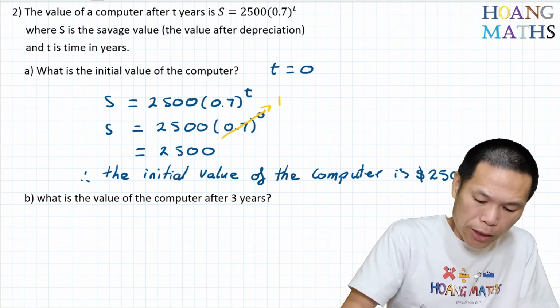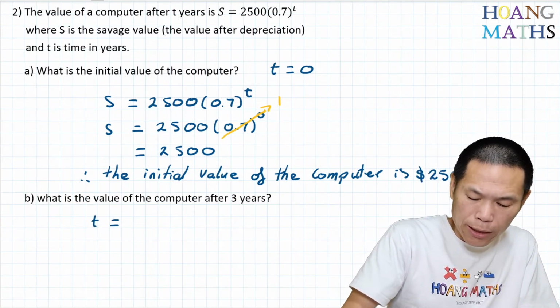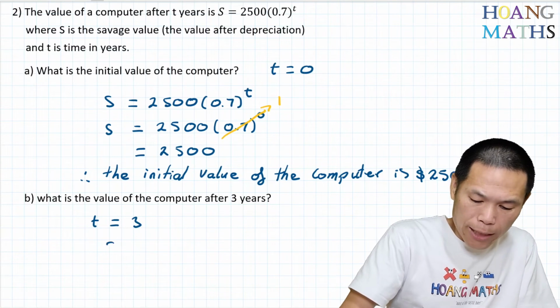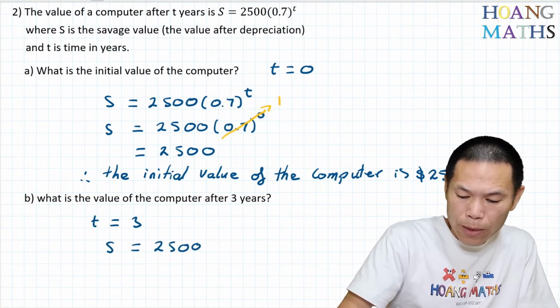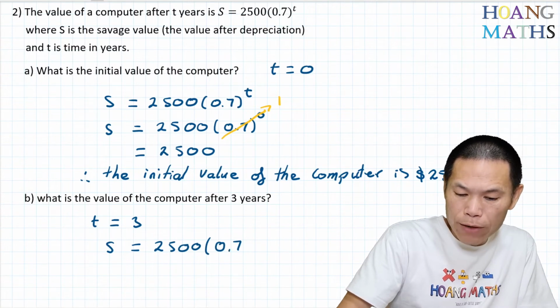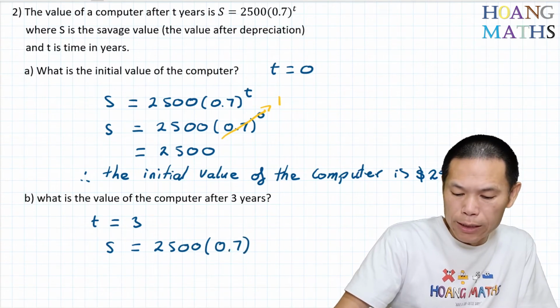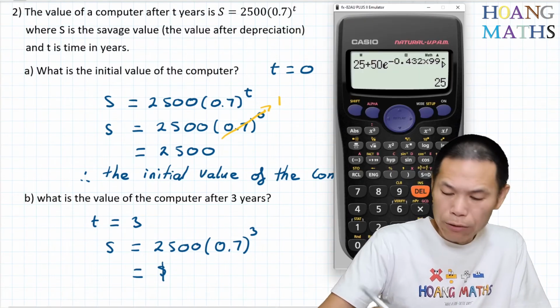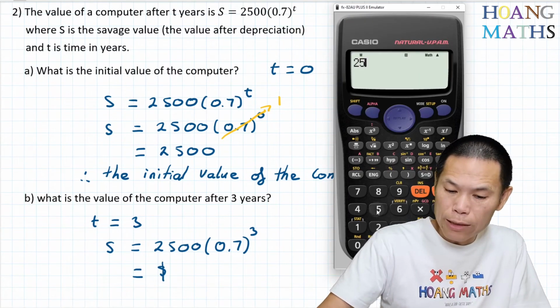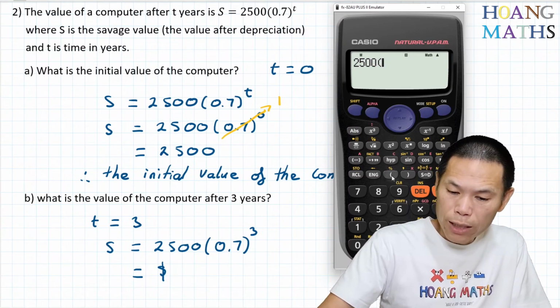So after 3 years, that means when t is equal to 3. So S will give me 2,500 times 0.7 to the power of t, but t is 3. So that means power of 3. So that is equal to, now just put that on a calculator. So 2,500 brackets 0.7 to the power of 3.